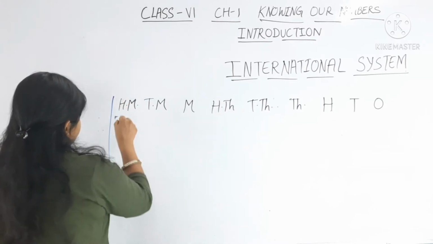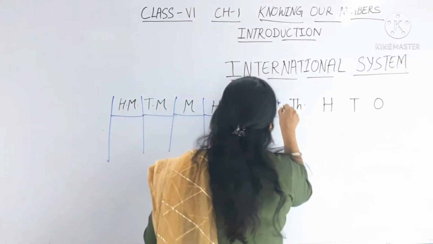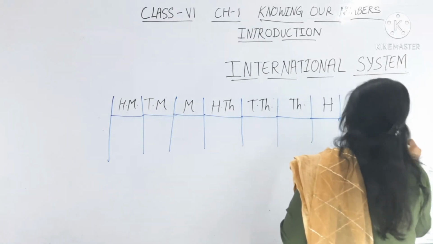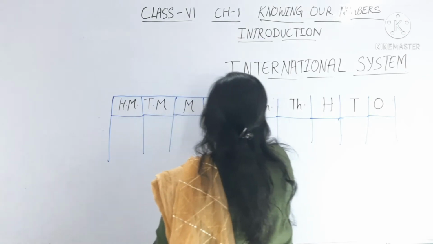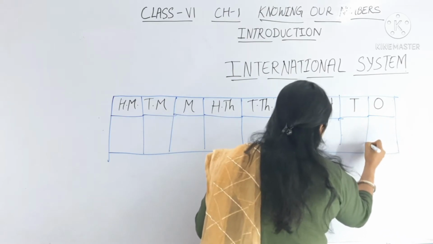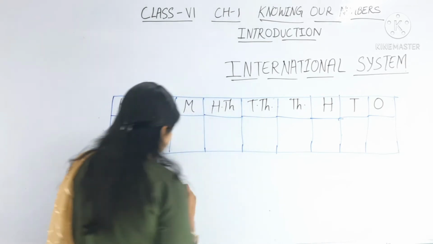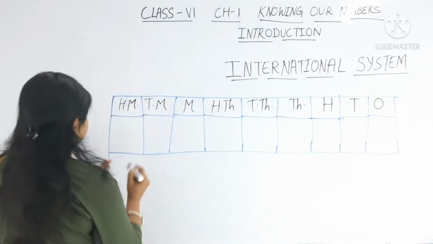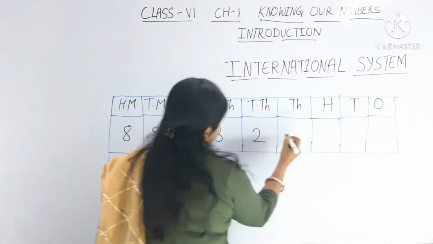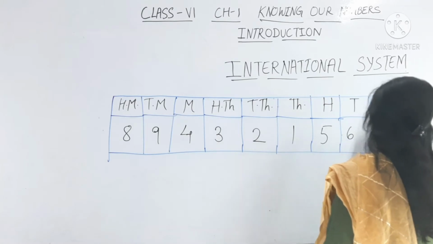So I am taking one example for understanding this. I am making the place value chart for that. Like this you have to make the place value chart for the international system. Now I am taking some number, like 8, 9, 4, 3, 2, 1, 5, 6, 7.